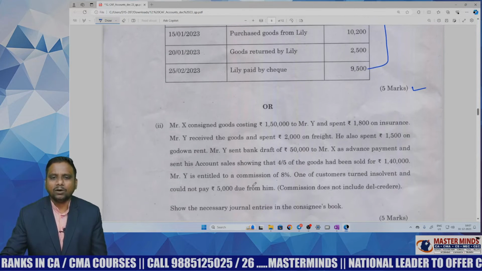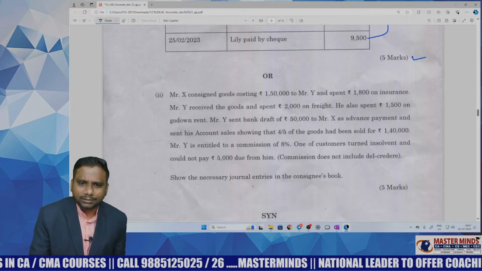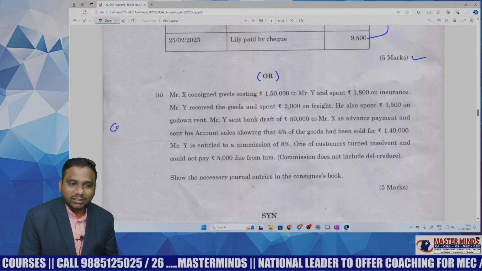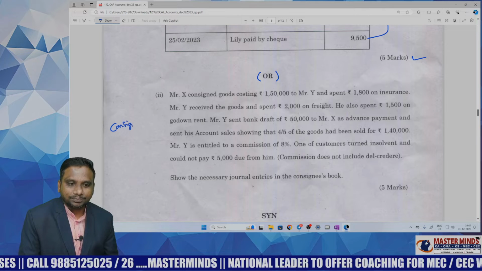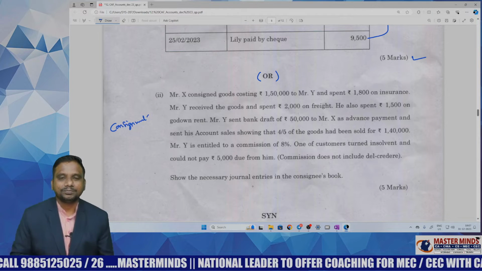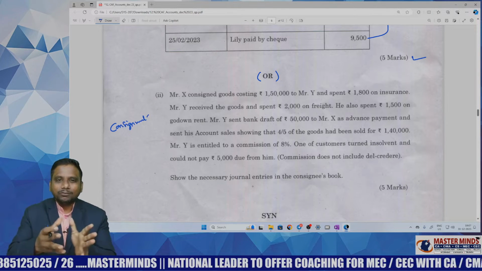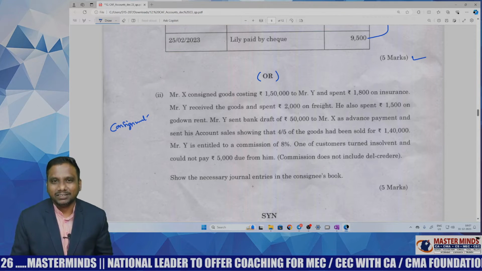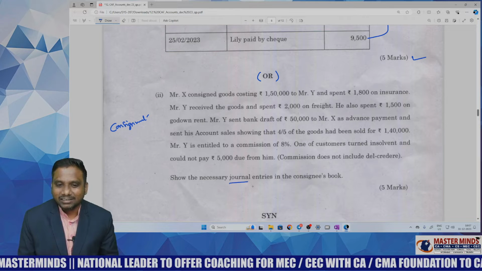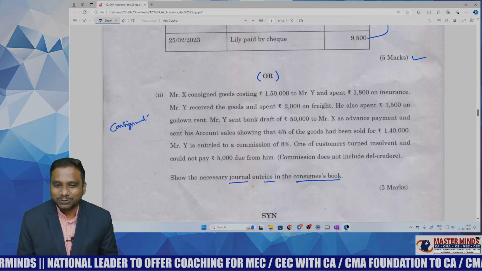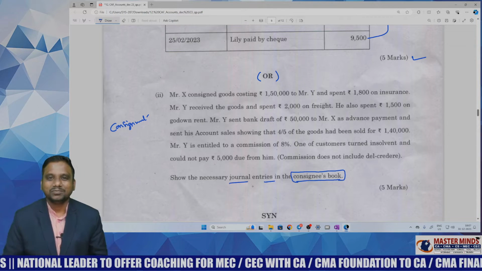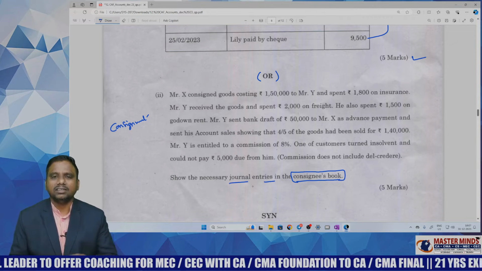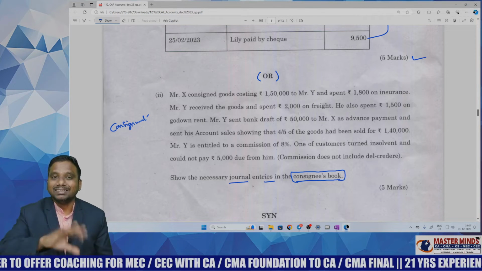And here we have another question as internal choice, that is consignment, students. The beauty of this problem is most of the students did not expect this. They have asked journal entries in the books of consignee. Observe, students. Normally most of the students practice the journal entries recorded in the books of consignor.